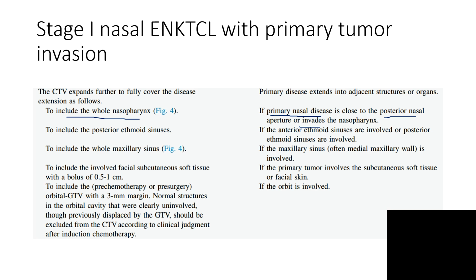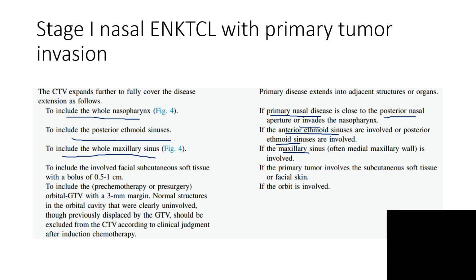If the tumors are extending into the anterior ethmoid sinus or the posterior ethmoid sinus, we need to include the entire posterior ethmoid sinus. If the maxillary sinus is involved, either partially or completely, the whole ipsilateral maxillary sinus should be in the CTV.